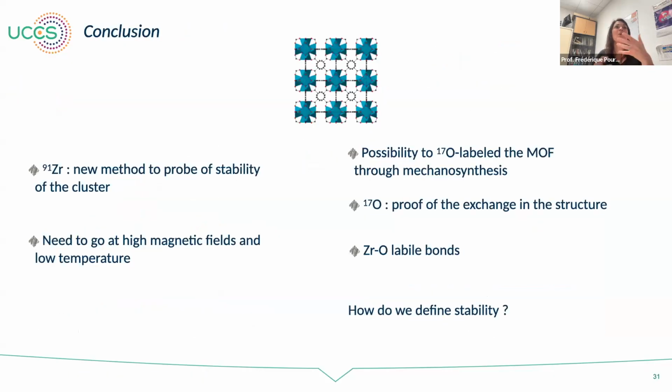So what I wanted to show you is that, thanks to quadrupolar nuclei, including zirconium-91 and oxygen-17, we have a clear overview of what's going on in the local environment of this zirconium cluster in the UiO-66, and it's a proof of the stability, but also a proof of a lability of some bonds that is observed by oxygen 17.